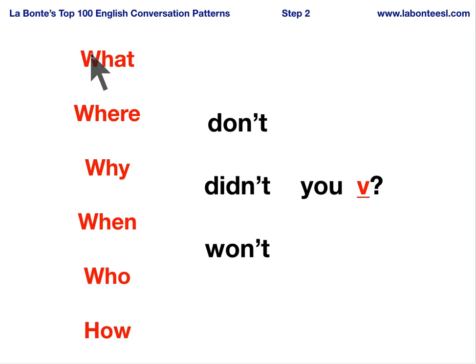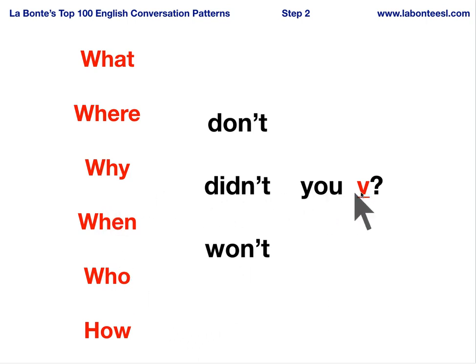Sometimes I have the students just repeat after me. What, where, why, when, who, how. And then I make some questions for them. What don't you eat? Where didn't you go? Why didn't you study? Who won't you meet?